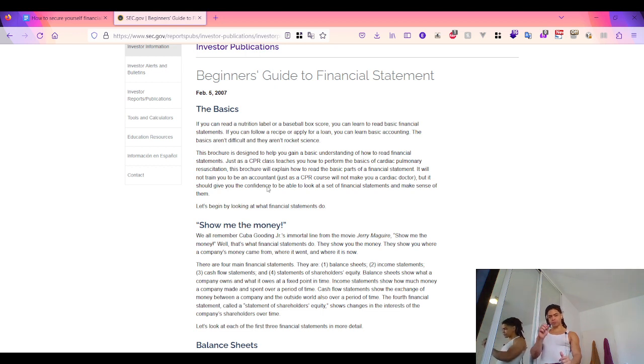Joint ventures, a partnership between two or more companies to undertake a specific business activity or project, such as Crocs and Post Malone.